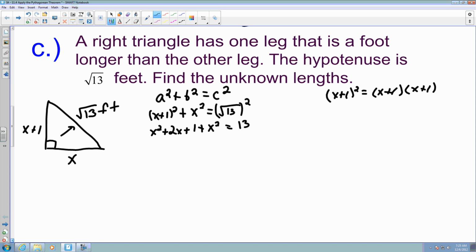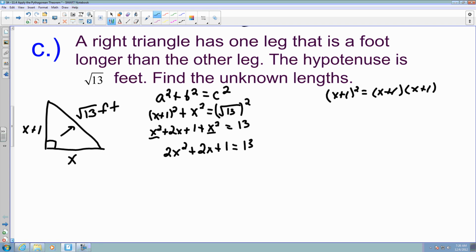And now I have variables that are squared and variables that are not squared, so I'm going to set this equal to 0. First I'm going to combine like terms. So I got x squared and x squared here, so that leaves me with 2x squared plus 2x plus 1 equals 13.